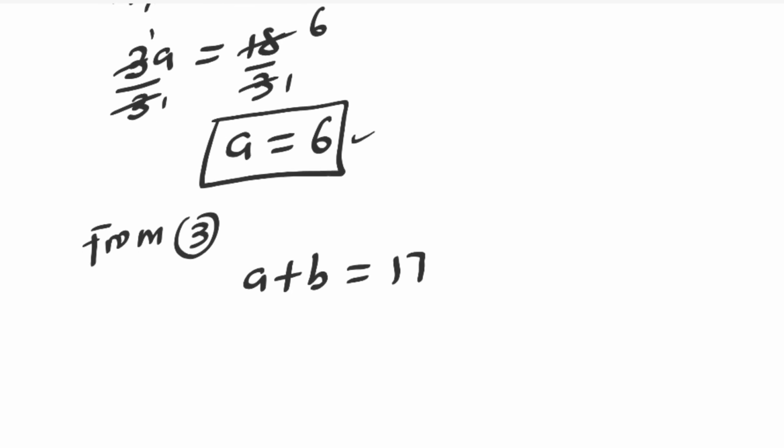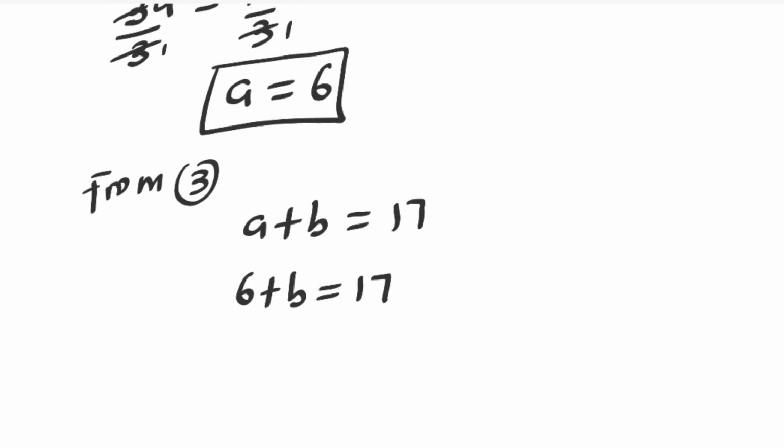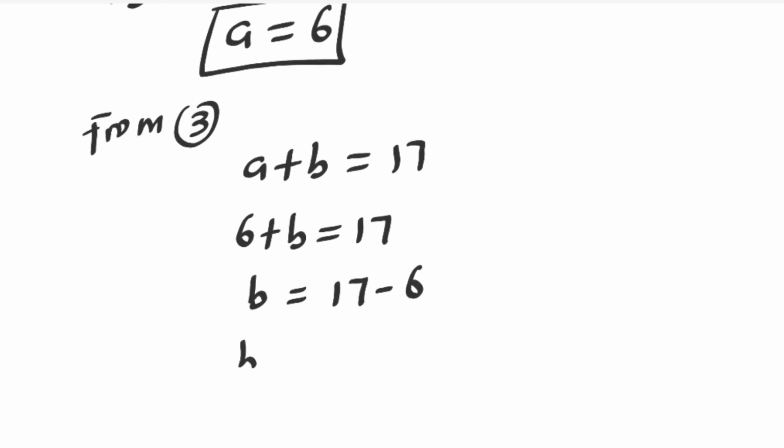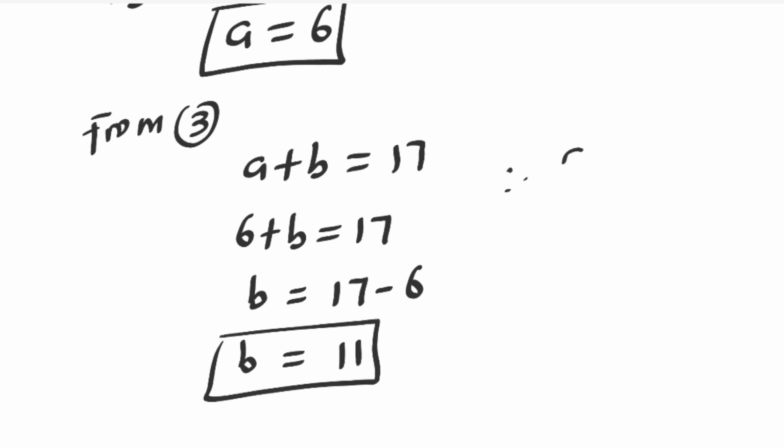We've known the value of a, which is 6. 6 plus b is equal to 17. b is equal to 17 minus 6. b is equal to 11. This is the value of b. Therefore, we have a is equal to 6 and b is equal to 11.